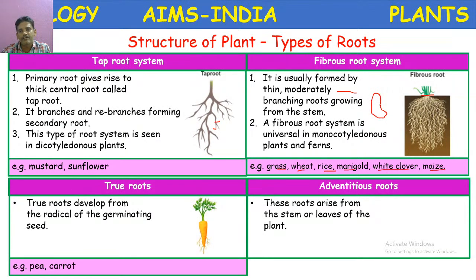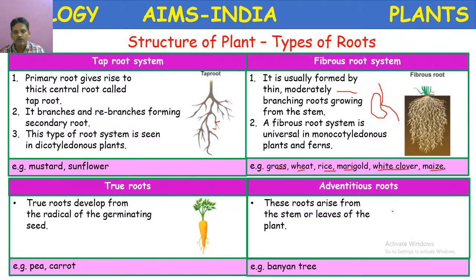If you take a seed, this is the radicle and this is the plumule. When the radicle develops into a root system, it may be a taproot system or a fibrous root system. But adventitious roots are the roots that arise from the stem or leaf, vegetative parts of the plant, not from the seed. Such roots are called adventitious roots.